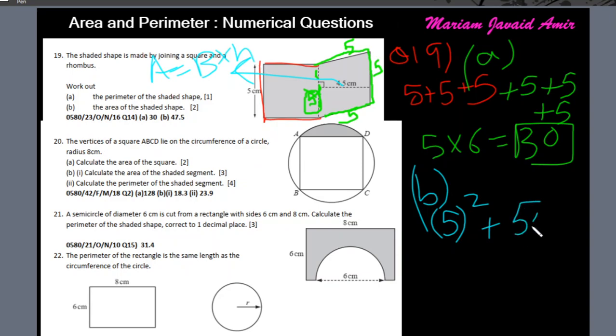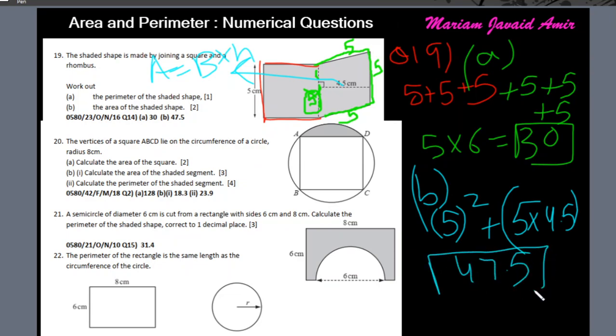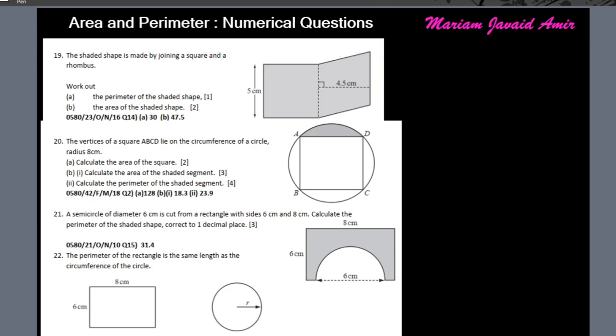So 5 times 4.5. Height is the perpendicular height, not this slant height. So you can't use 5 times 5 for a rhombus as well. So I enter this in the calculator: 5 squared plus 5 times 4.5, which gives us 47.5, which is the answer for 19B.